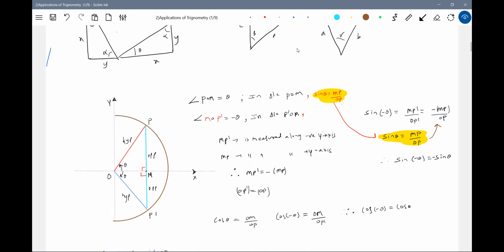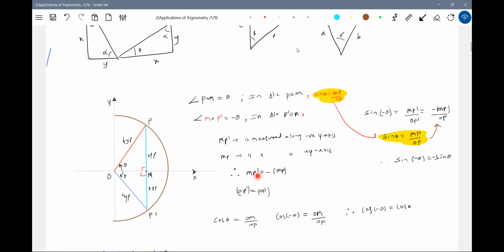In this particular triangle, sine theta we can write as MP by OP. Here, sine of minus theta should be equal to MP dash by OP dash. MP dash is measured along the negative y-axis, while MP is measured along the positive y-axis. So if you call MP positive, then MP dash should be negative, and both are of equal length.